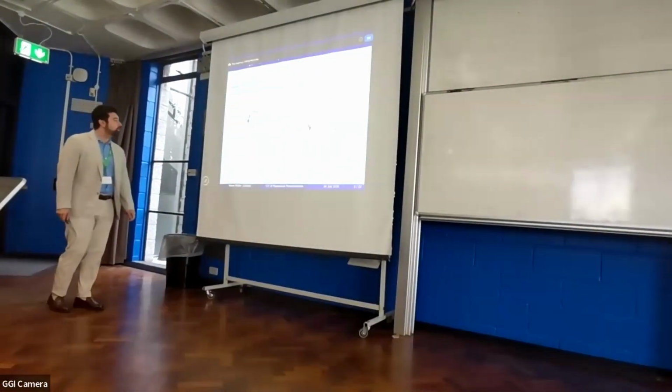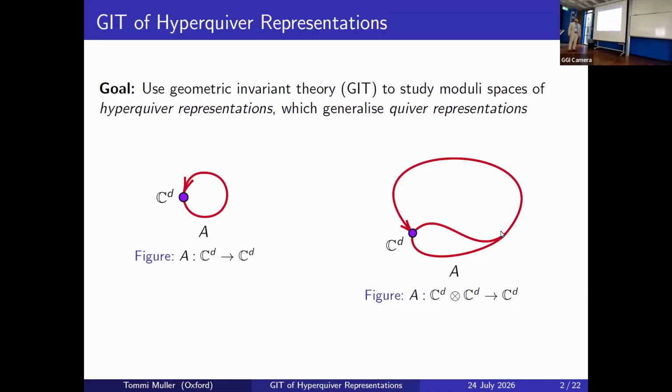Today we're going to look at using geometric invariant theory, GIT, to study moduli spaces of hyperquiver representations. These are hypergraph multilinear generalizations of quiver representations. On the left here, you've got the Jordan quiver with one vertex and one loop, where you place a linear map on the edge.